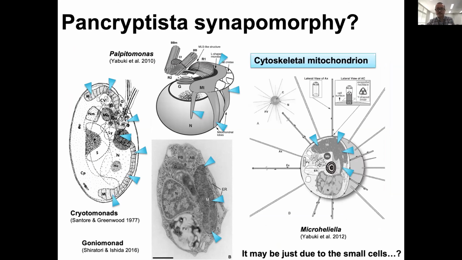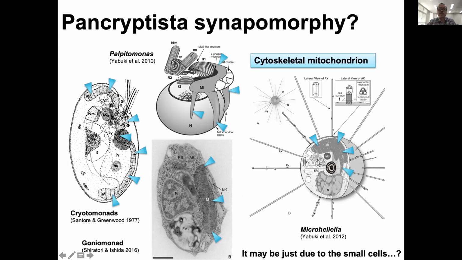Cryptista here. Blue arrows indicate a mitochondrion. Many members of Cryptista have a single mitochondrion like this. This is a cryptomonad. These are long, wide-shaped single mitochondria.